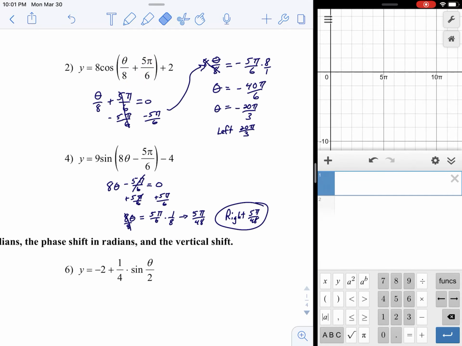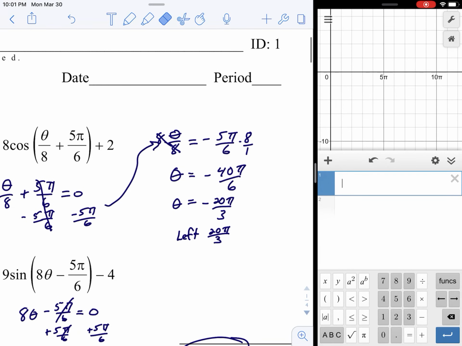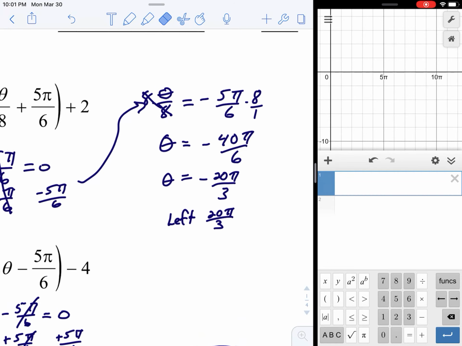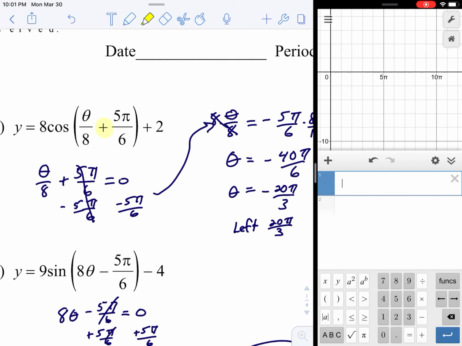Now, it's possible, and I don't want to get into this too much, but it's possible you learned before about horizontal shifts that they were like the opposite. This might stick out in your mind, that a negative is actually to the right and a positive is to the left. That's if you look here. There's a plus here, which means this is going to be a left-hand shift. You would think positive would be right, but that actually moves it left.